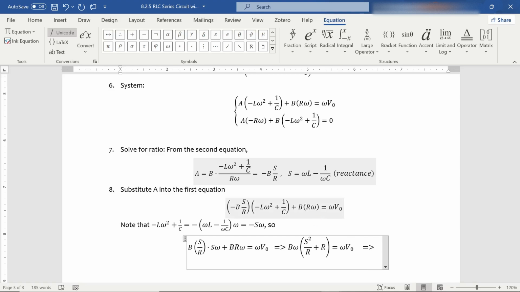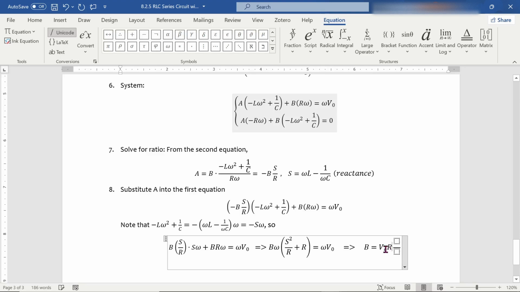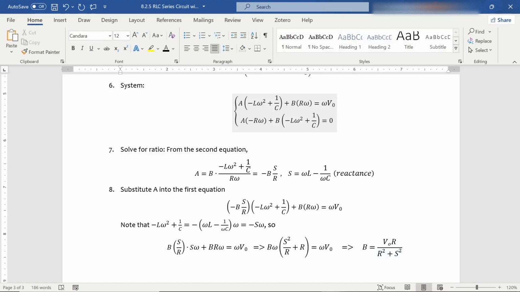We are just doing the substitution method, which means that B equals V naught R over R squared plus S squared. Perfect. So that's our B.